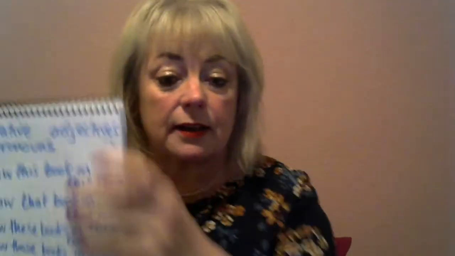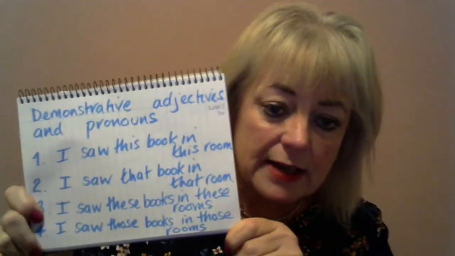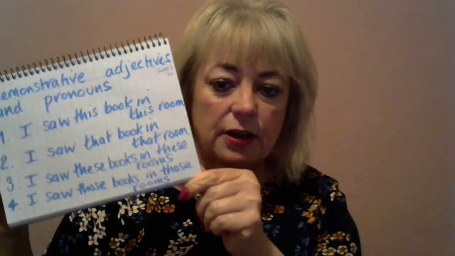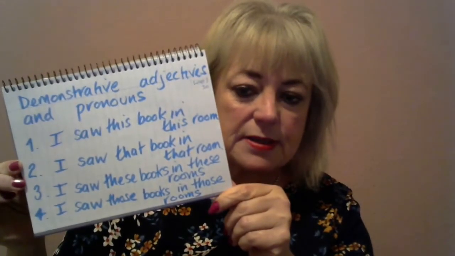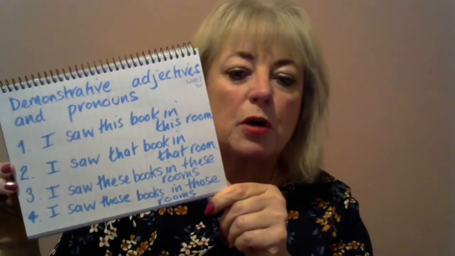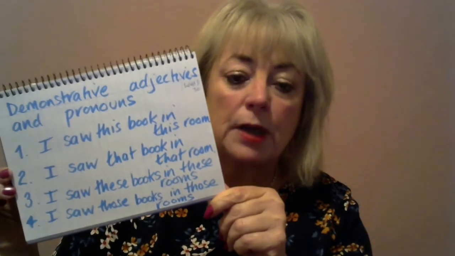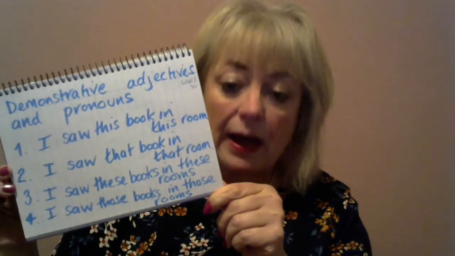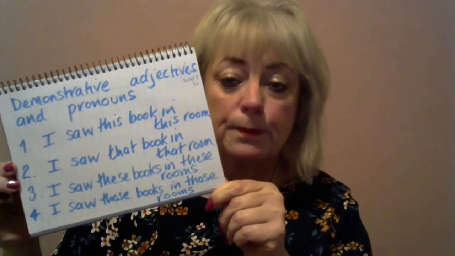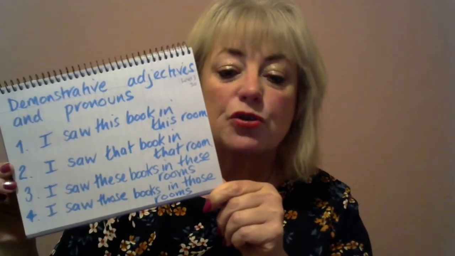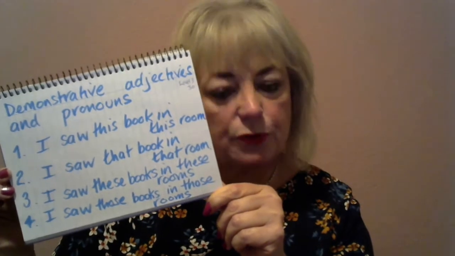Okay, so these are the English. So again, you need to stop the video, write down the English that you have to translate. I'll read them out as well as hold it up. Number 1, I saw this book in this room. Number 2, I saw that book in that room. Number 3, I saw these books in these rooms.